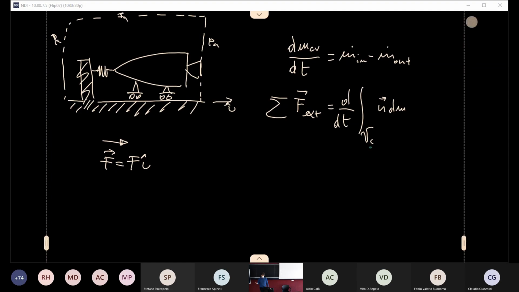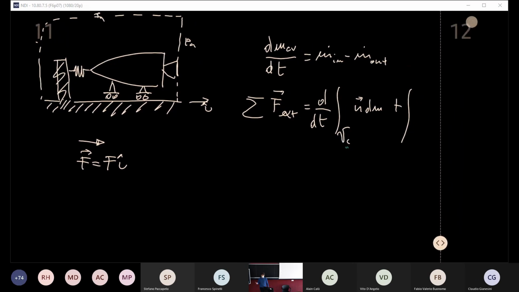Consider the masses inside and the velocity of each particle within this volume, plus, of course, the flux of momentum that we have on the boundary.